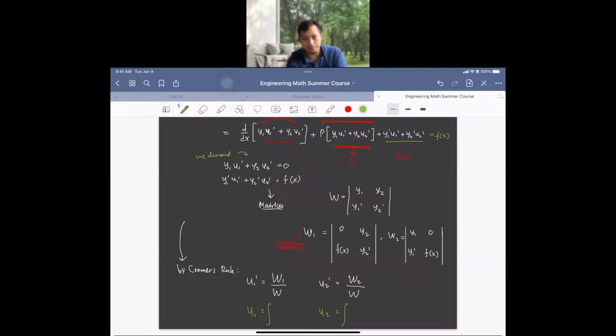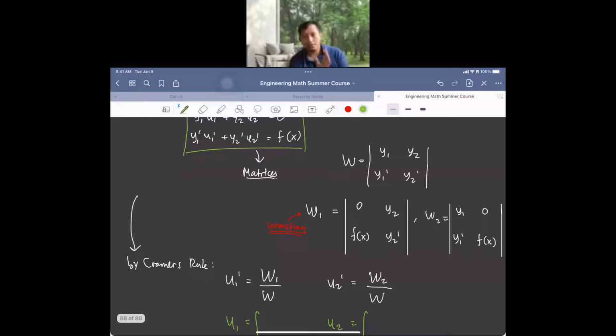The first thing you need to recognize is that you need to utilize the Wronskian, the determinant, find the determinants, which is actually Cramer's rule in matrix form.